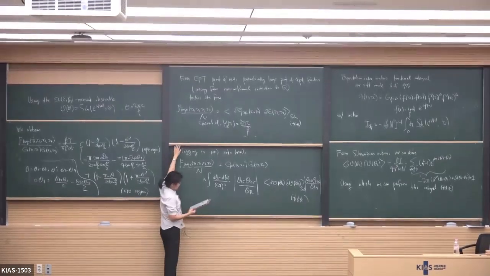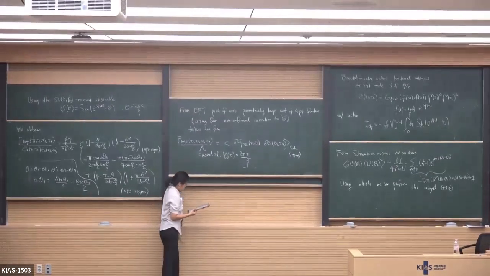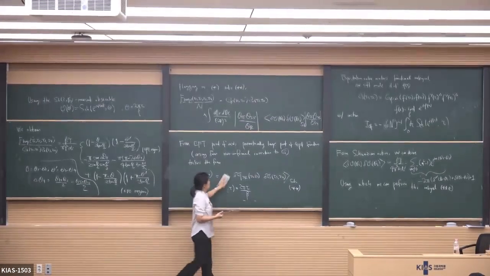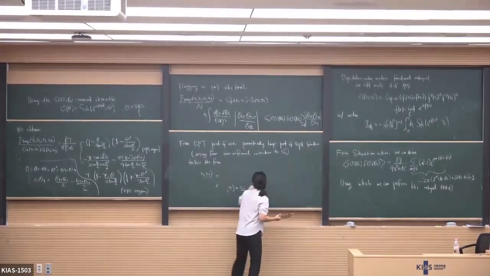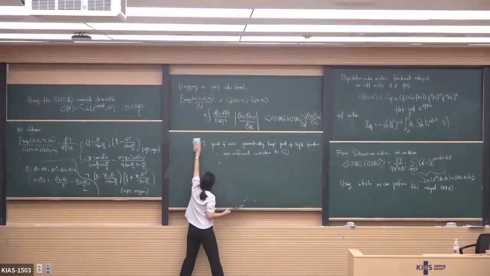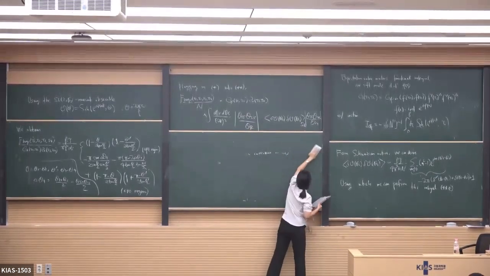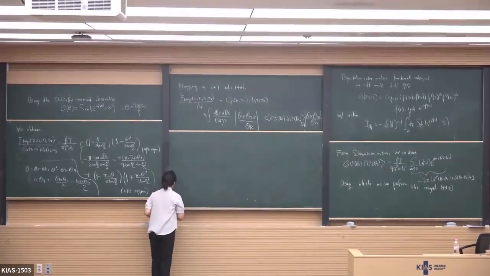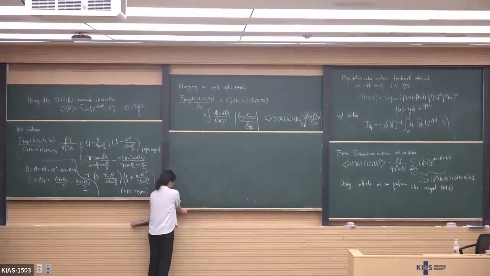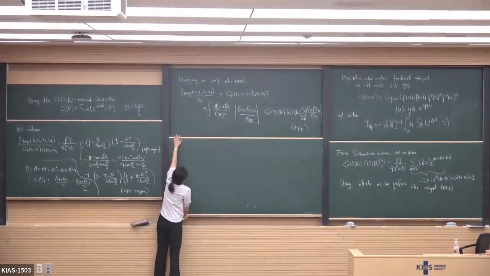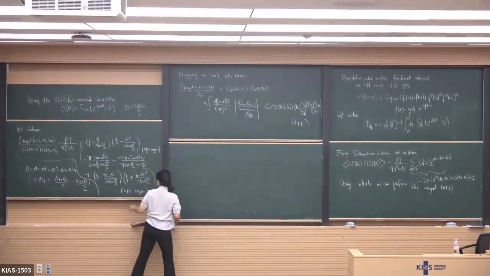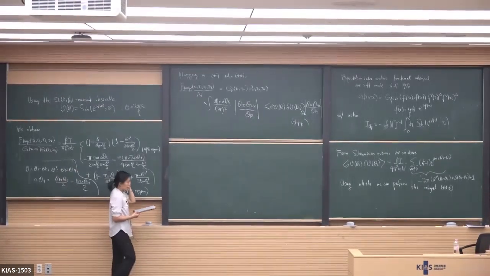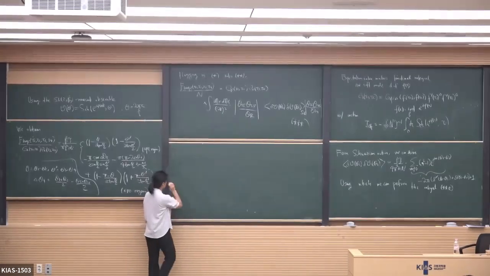So let's recall what's happening here. What's the definition of F, right? F gives us the subleading part in N of a Euclidean time-ordered 4-point function, right?